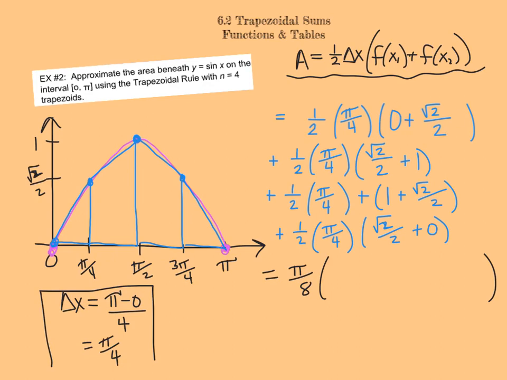A root 2 over 2, a second root 2 over 2, a third one, and a fourth one. So we ended up having 4 root 2 over 2s. Then we also had this 1 and this 1. So that makes plus 2. Don't even need all that room. Okay, how can we simplify this?